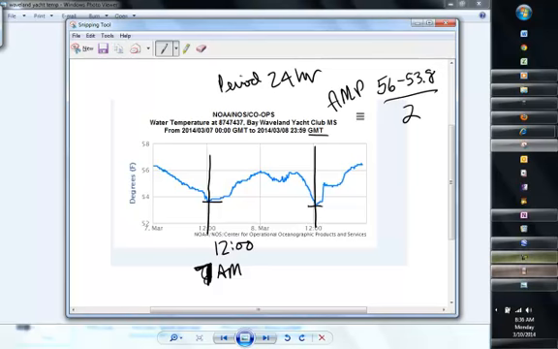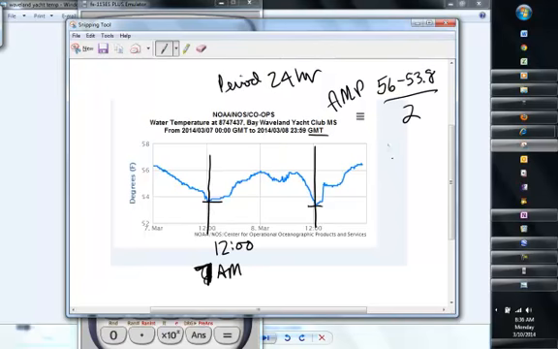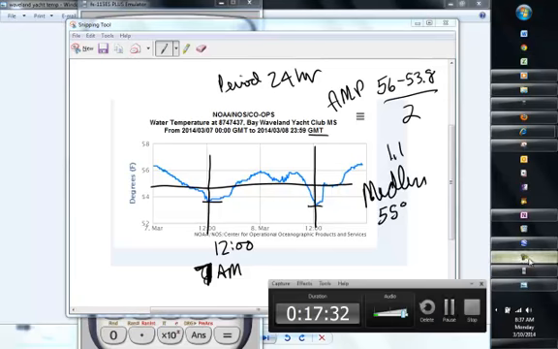So we have 56 minus 53.8 divided by 2, and we get about 1.1. And then the midline would be halfway between those two. Looks to be about 55 degrees, right around there. Okay, so that's how you do this assignment.